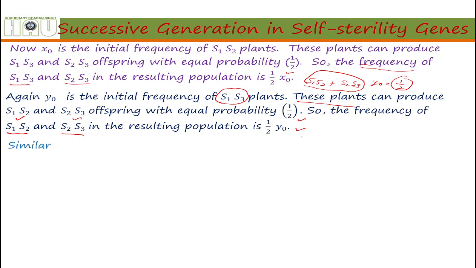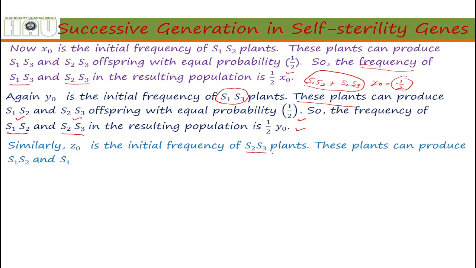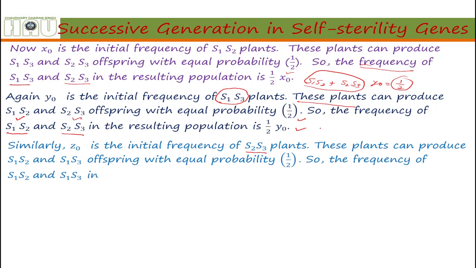And similarly, Z0 is the initial frequency of S2 S3 plants. These plants can produce S1 S2 and S1 S3 offspring with equal probability, because our initial population is X0 S1 S2 plus Y0 S1 S3 plus Z0 S2 S3.